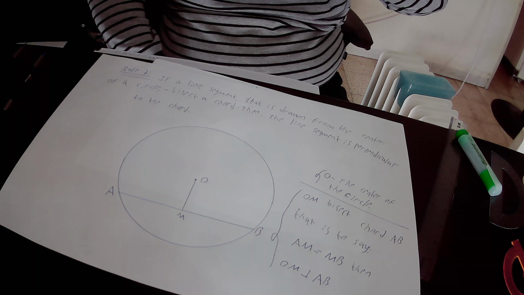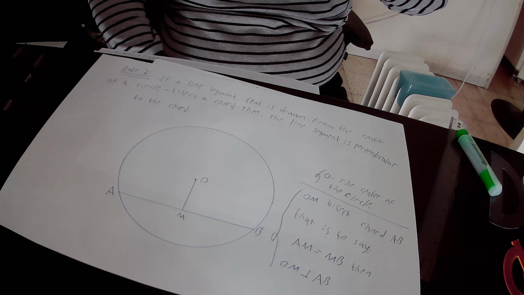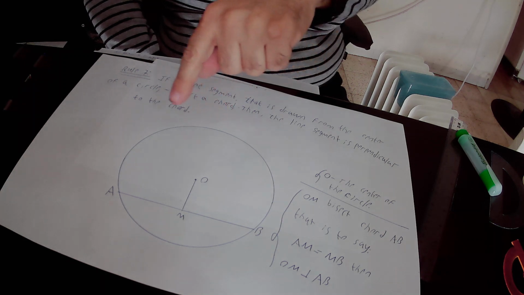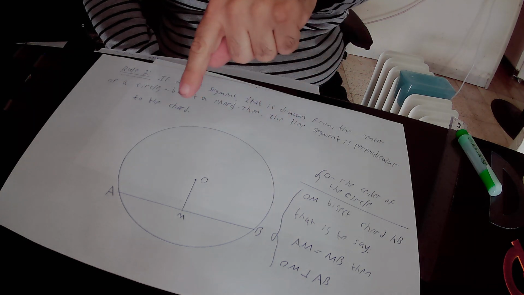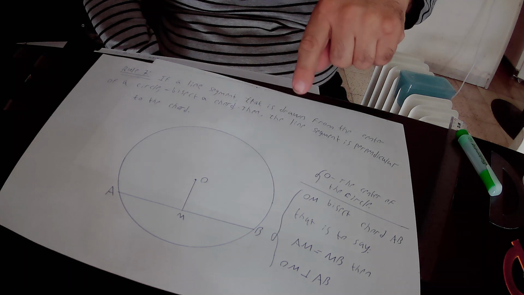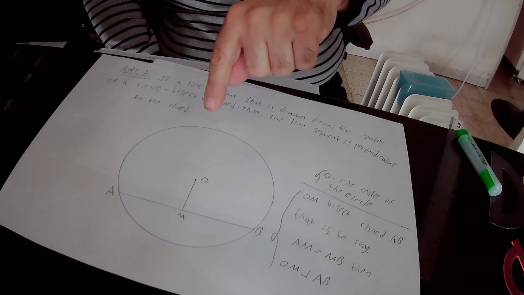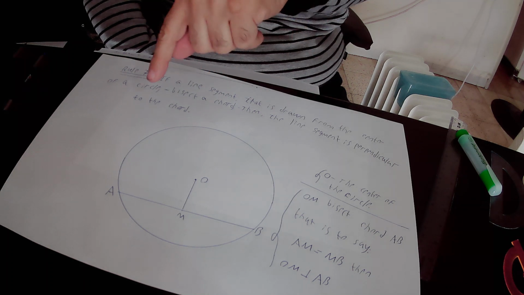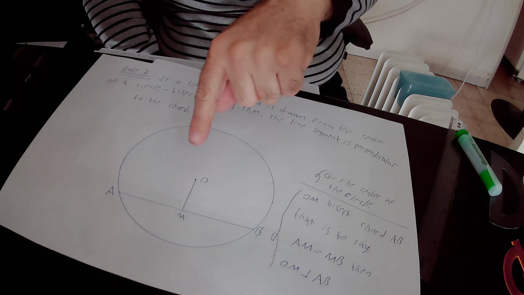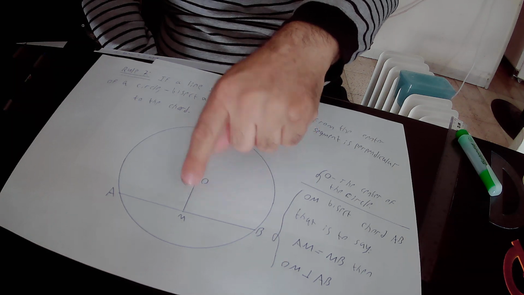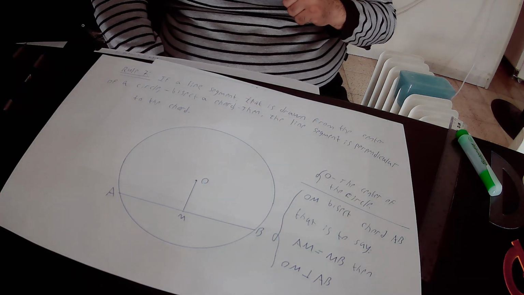So whenever a line segment from the center of a circle bisects a chord, like here, OM bisects chord AB in the sense that AM equals MB, then line segment OM will also be perpendicular to chord AB. That is to say, this angle equals 90 degrees and this angle equals 90 degrees according to this rule number 7.